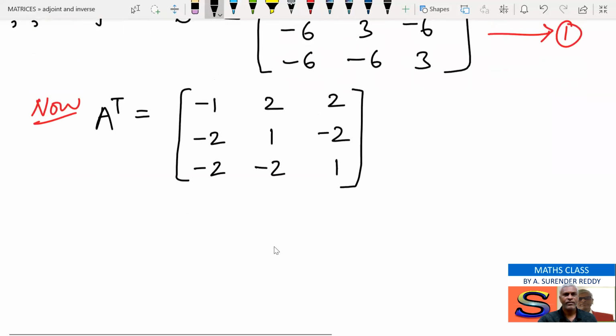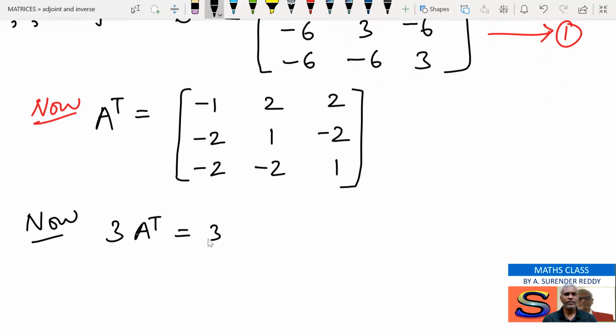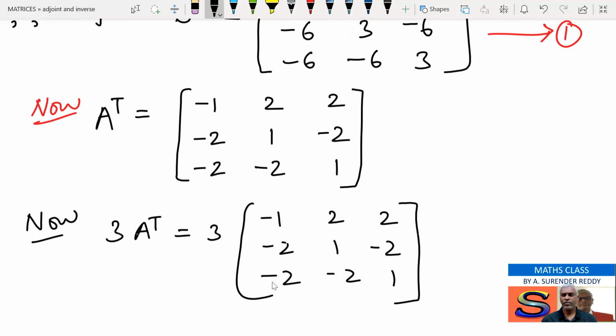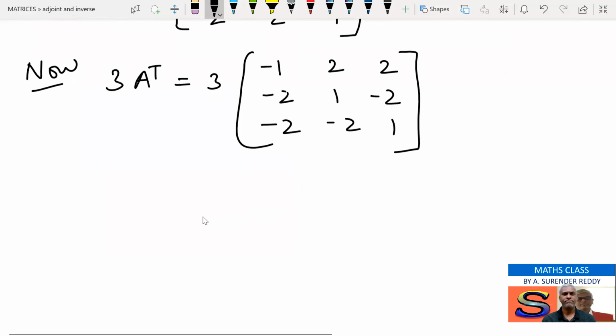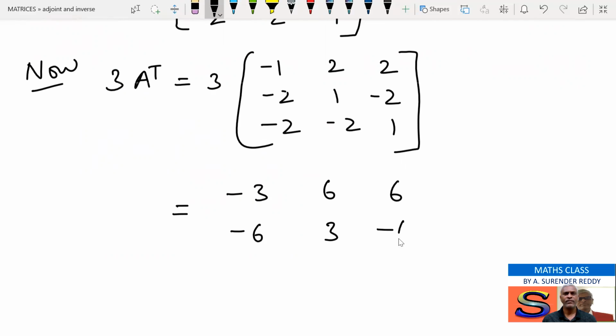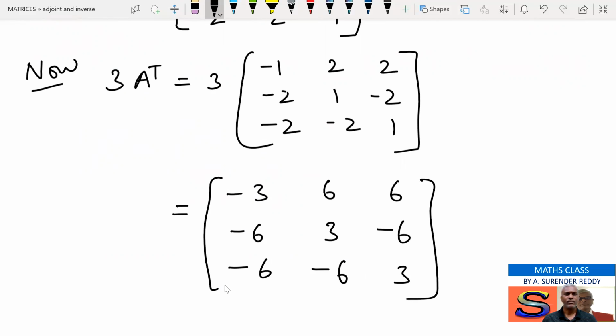We have to find 3 into AT. So multiplying all the elements with 3, we get -3 6 6, -6 3 -6, -6 -6 3. So this is 3AT.